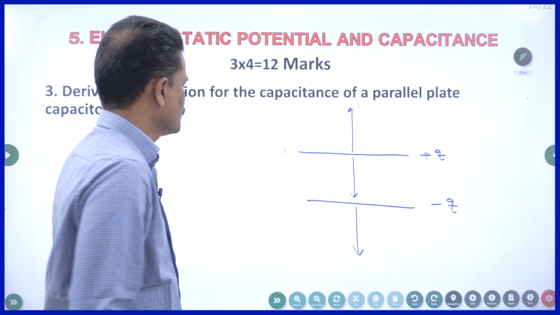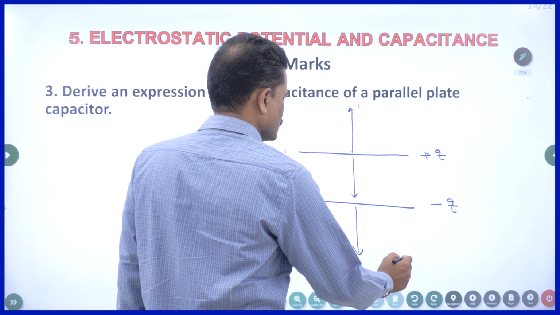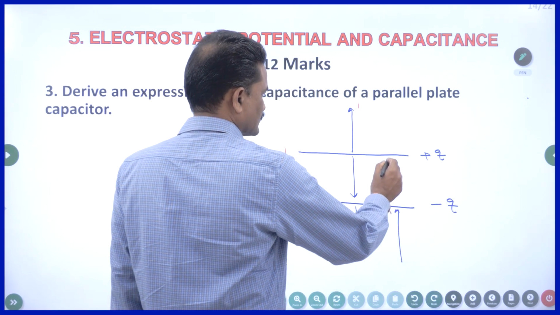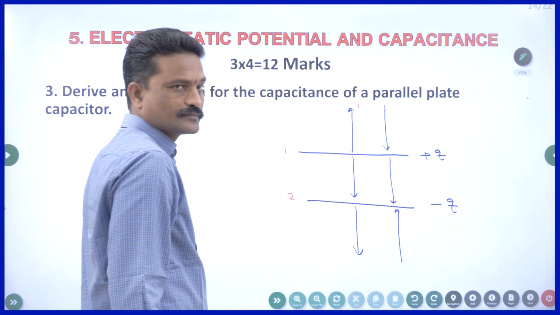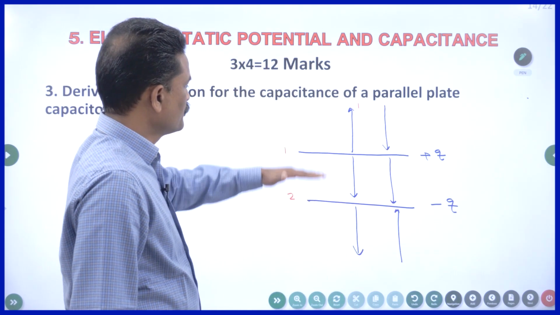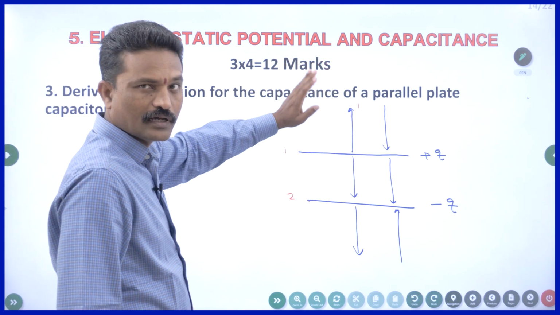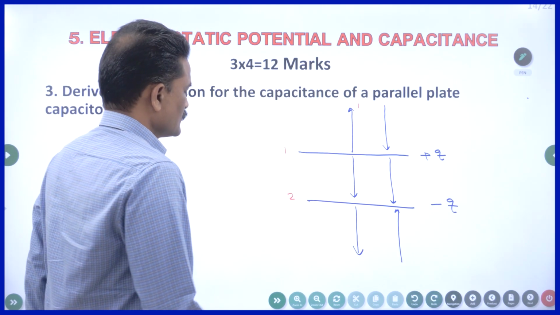Now take plate 2. For plate 2, field lines go towards the negative charge. They come all the way. So these are the two plates. This is the interior, this is above the first plate and this is below the second plate.